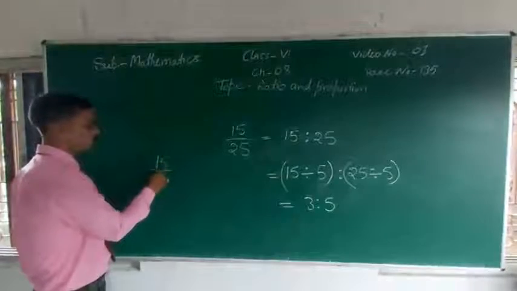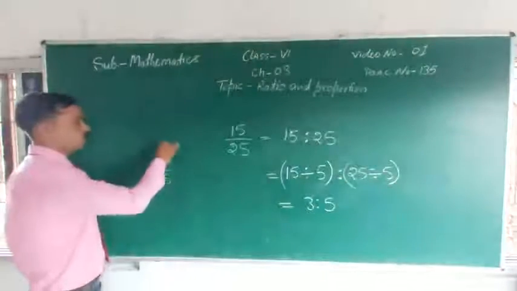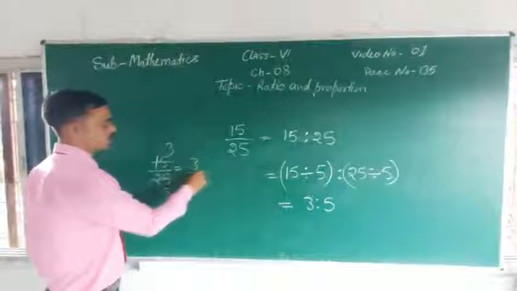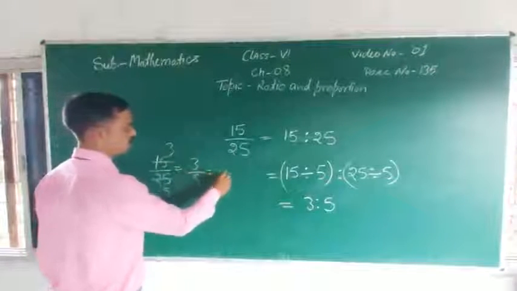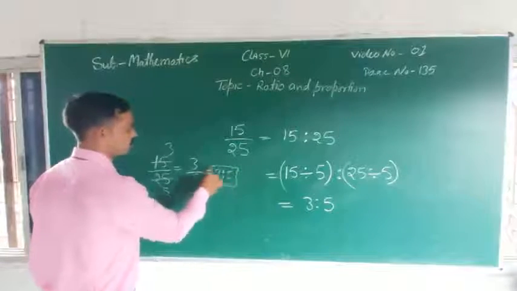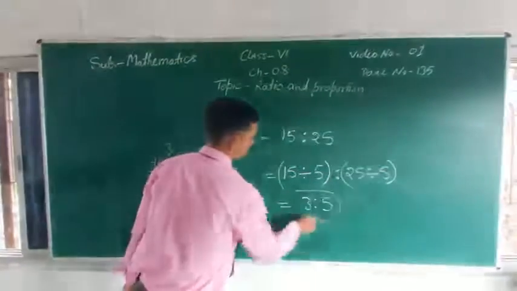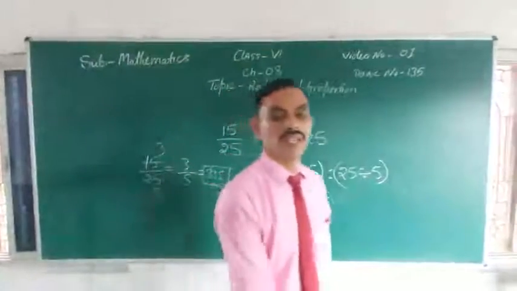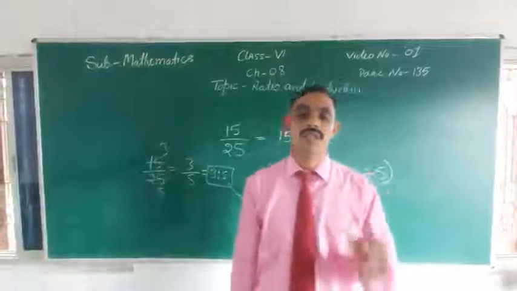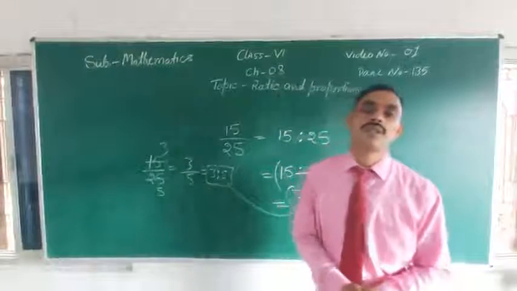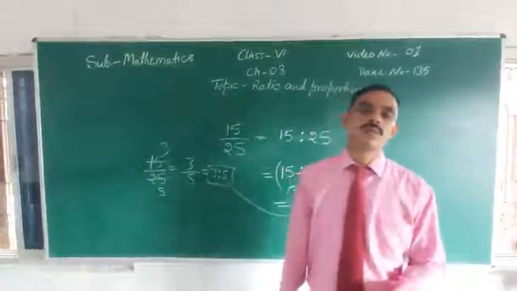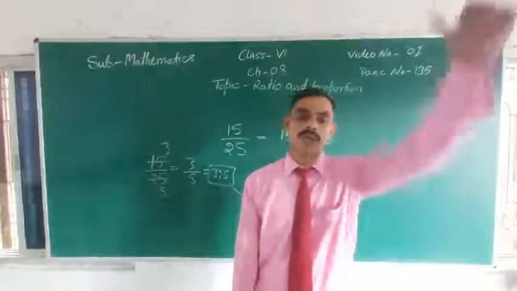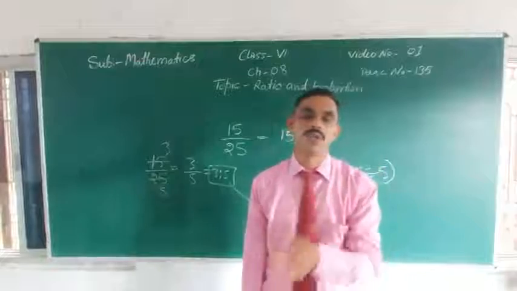Now let us simply solve this one. 15 upon 25: 5 threes are 15, 5 fives are 25. That is 3 by 5, and again 3:5. Hence both are the same. So we can say that a ratio does not change if both of its terms are multiplied or divided by the same non-zero number.